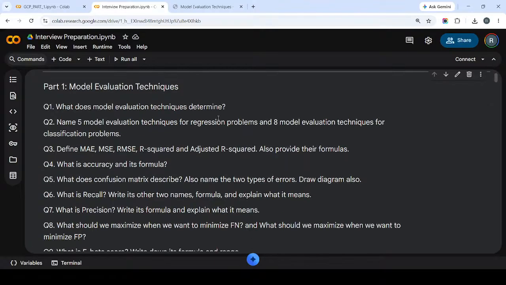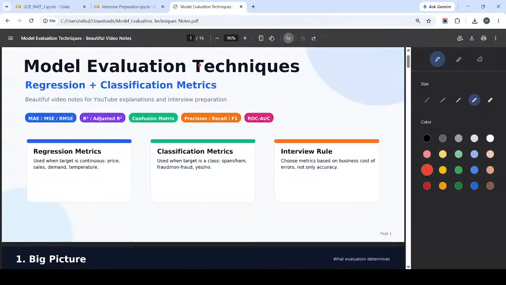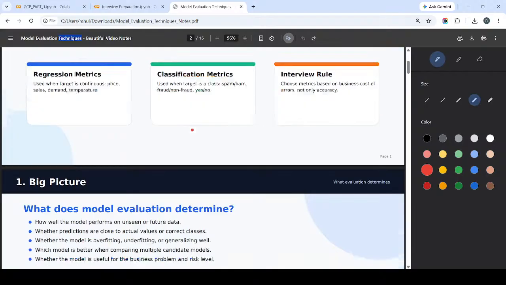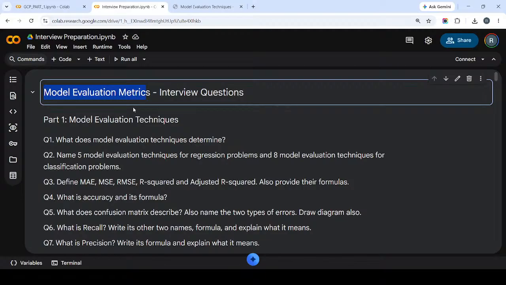I will provide the link to all the resources which I will use here. Today, we will discuss model evaluation techniques, and this is the resource I will use to explain it to you. I will provide that also.